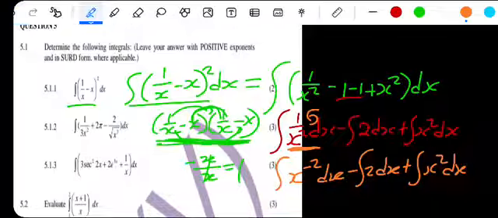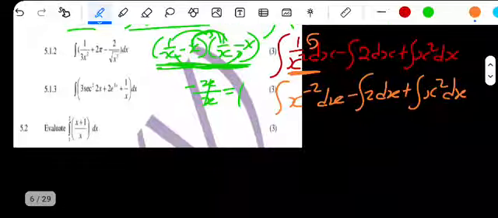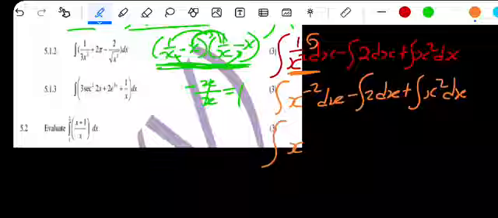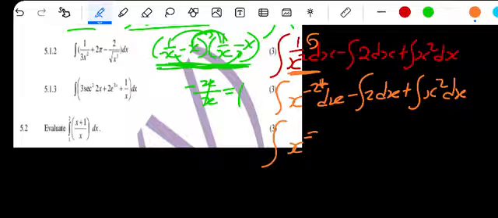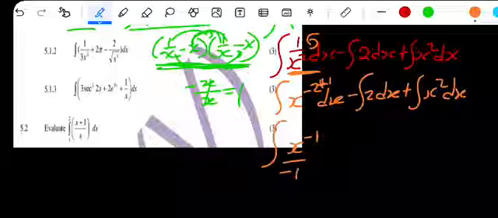Since you have that, you can integrate now applying the power rule. You add 1 to the exponent: minus 2 plus 1, you'll have minus 1, and you divide by the new exponent, minus 1.